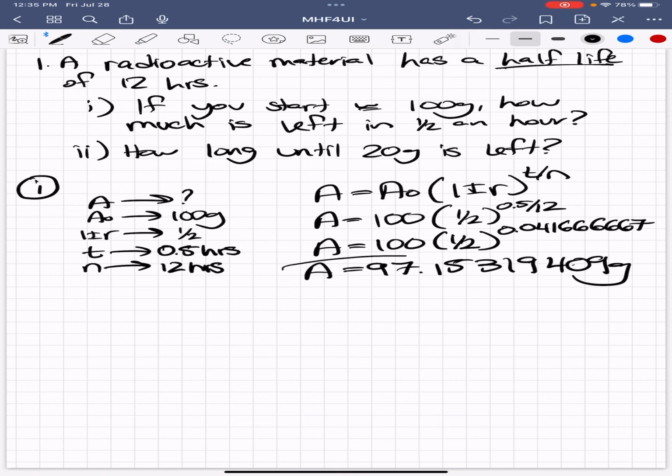We're going to circle our answer. Personally, when I'm doing exponential applications, I like the full answer written, and then when I'm doing the therefore statement, I'll only go to 4 decimal places. It's best for accuracy. I always input the units.